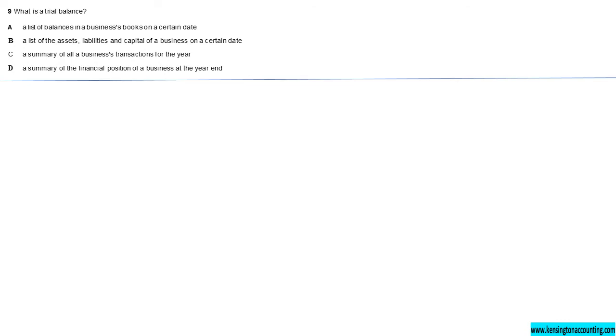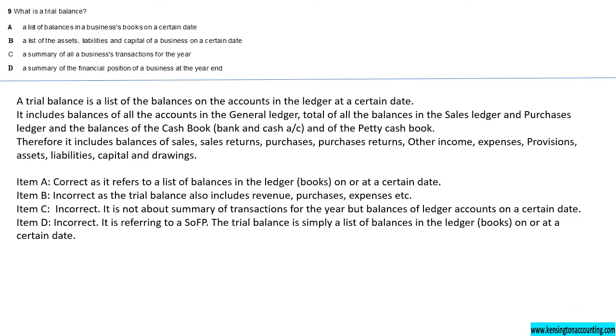Question 9. What is a trial balance? So let's look at the definition of a trial balance. A trial balance is a list. It's a list of items, and these items are balances, not the movements, but the closing balances of the accounts in the ledger.